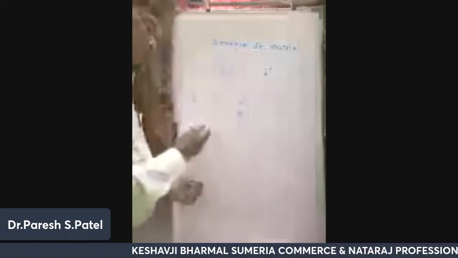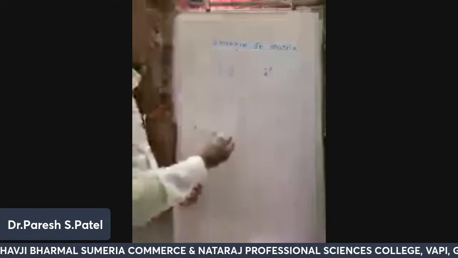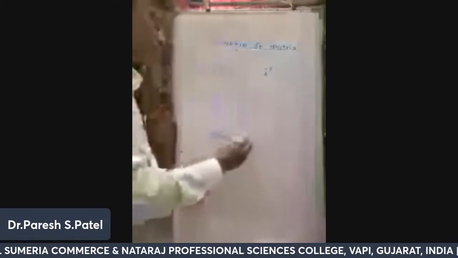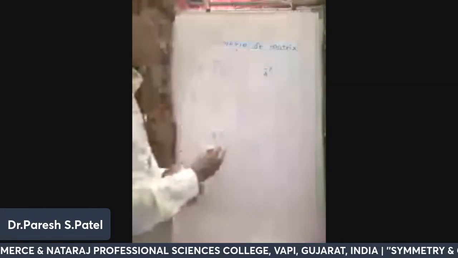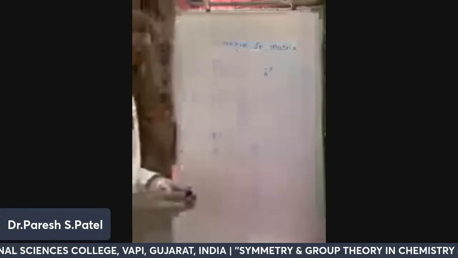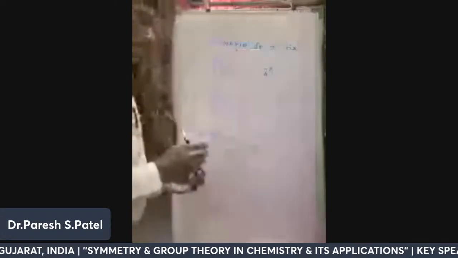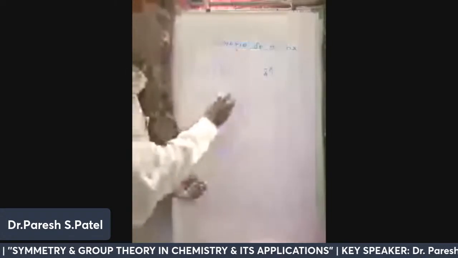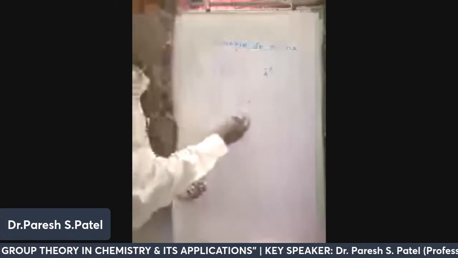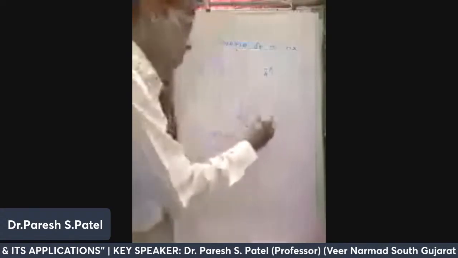The determinant of this matrix, 8 into 2 is 16 minus 5 into 3 is 15 is equal to 16 minus 15 is equal to 1. And last one, divide each element of this matrix by the determinant of this matrix is equal to 2 minus 3 minus 5, 8.